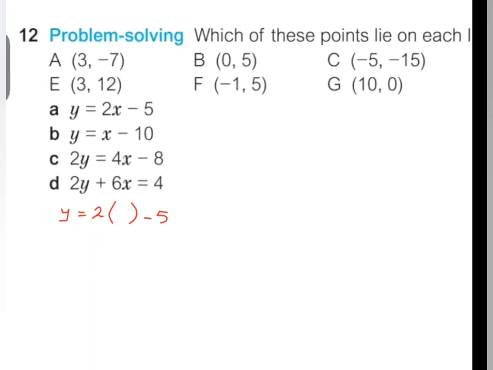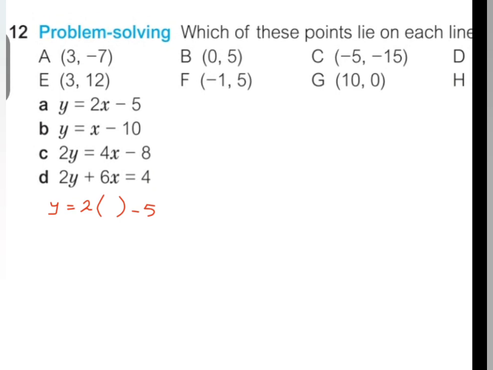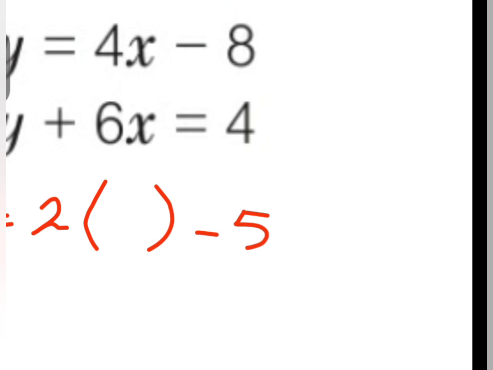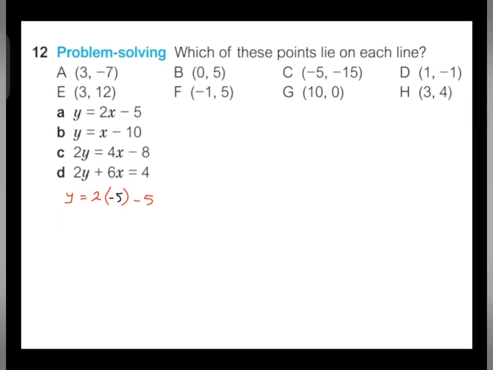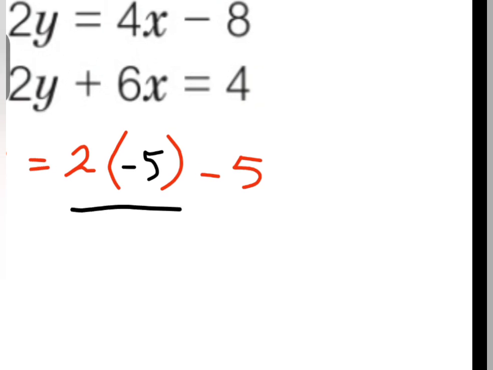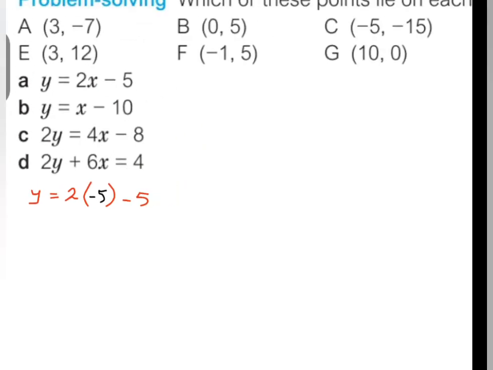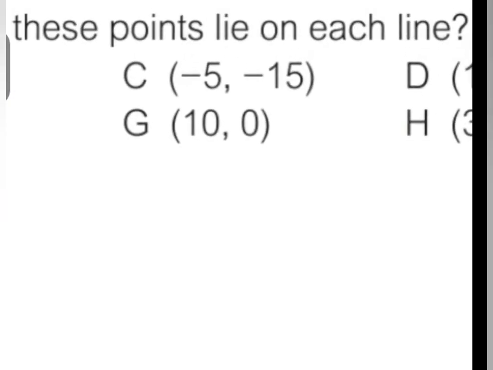We move on to the next one. The next one here, C, x is what? It's -5. So we put -5 here, good. So 2 times -5 equals what? Very good. 2 times -5 equals -10. And then -10 minus 5 equals -15. So the answer is -15, and the point has -15 for y.